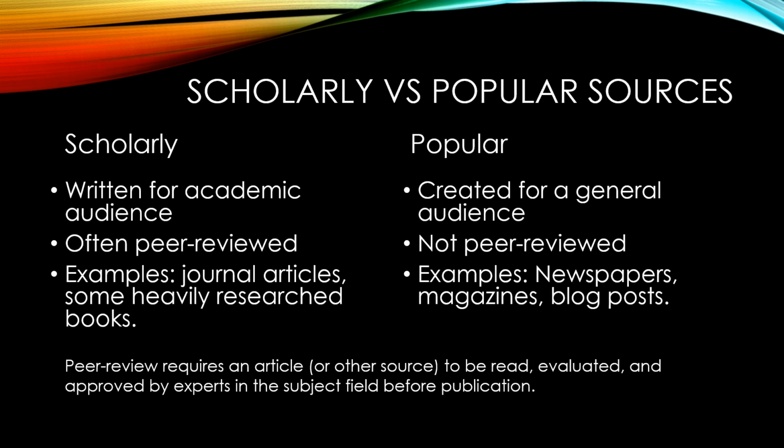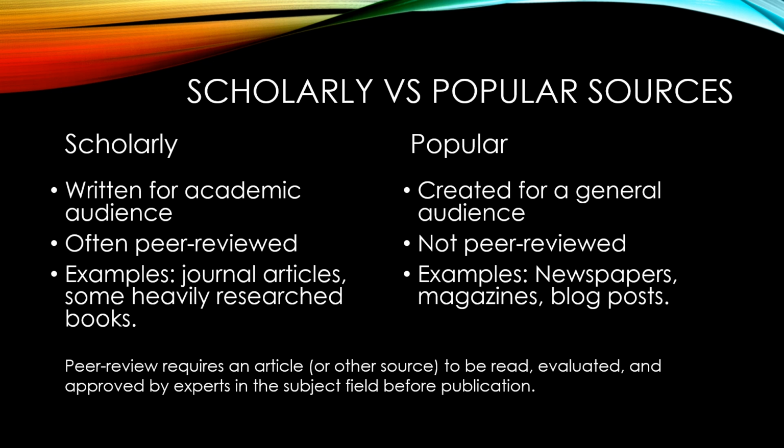When talking about research, we usually divide sources into what we call scholarly sources and popular sources. A scholarly source is typically created by and for academic audiences, while popular sources are written with general audiences in mind. One of the most common types of scholarly source is the peer-reviewed journal article.